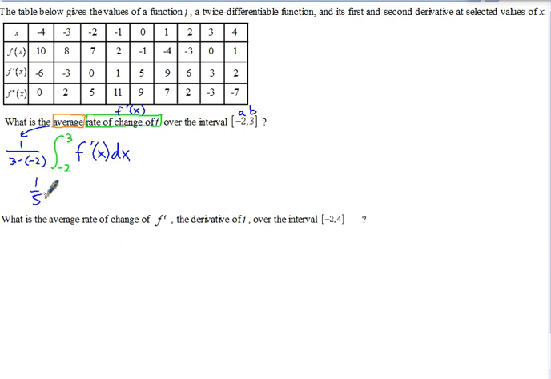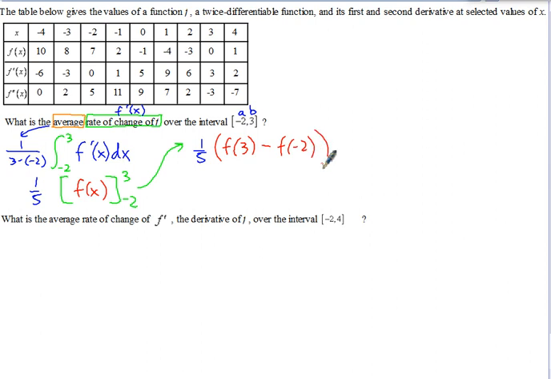And just think, when you integrate f prime, well, find the antiderivative, wouldn't that give you back the original function, f of x? Evaluated from -2 to 3. So we have 1/5 on the outside. Then you substitute in the upper limit, so that'd be f of 3 minus f of -2.